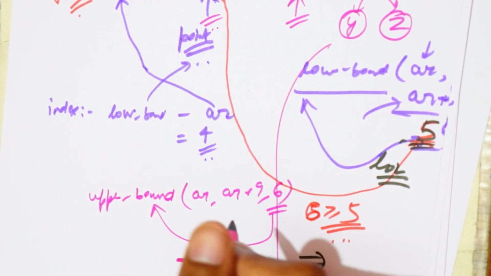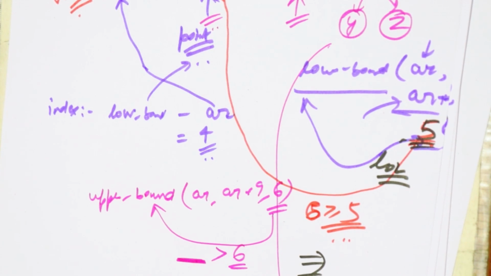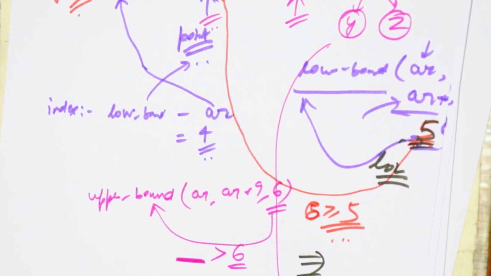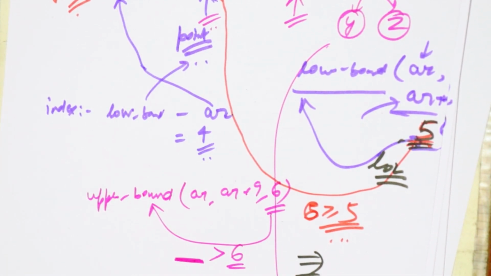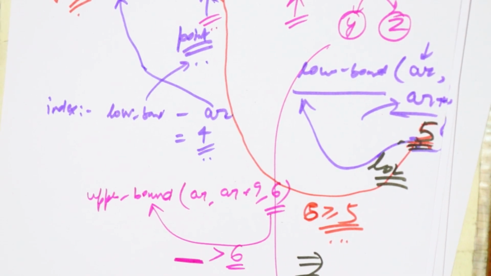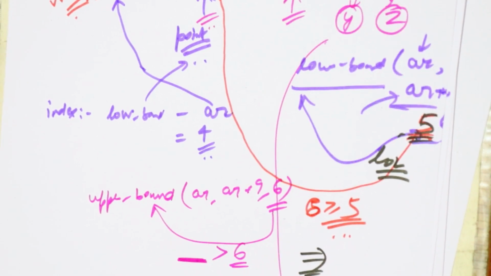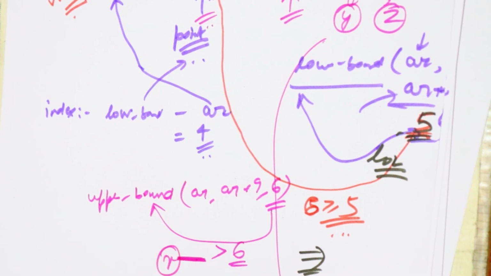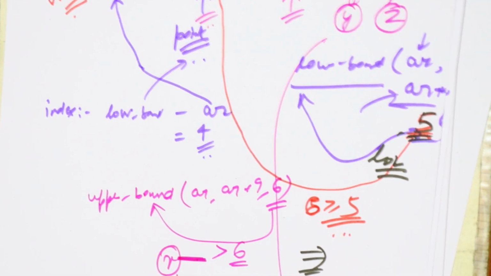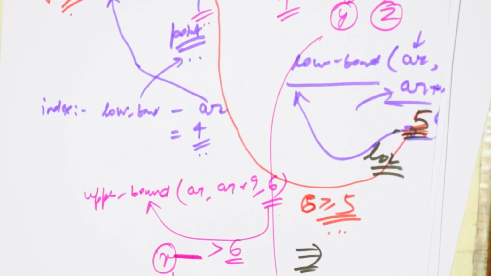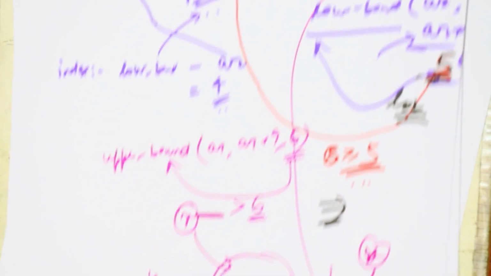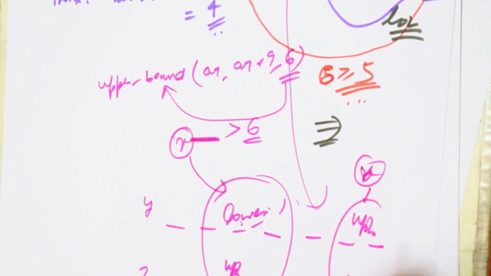First I will apply lower bound here, upper bound here. After that, for a fixed value of x, I will apply upper bound here and lower bound here.